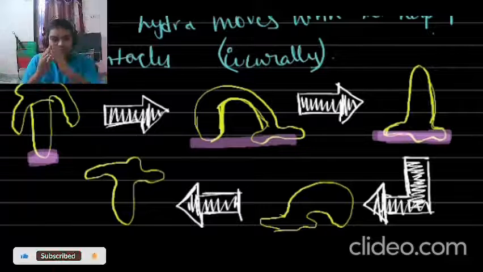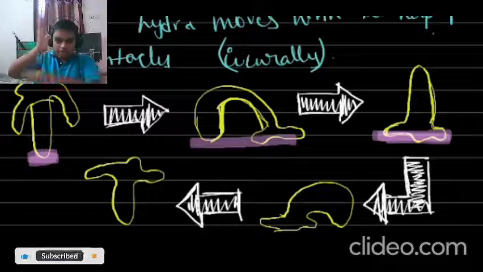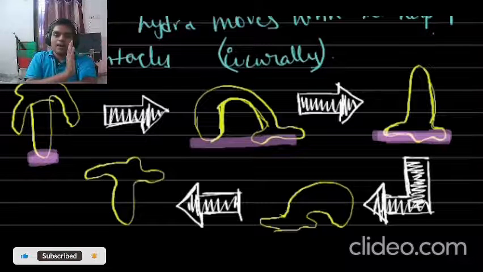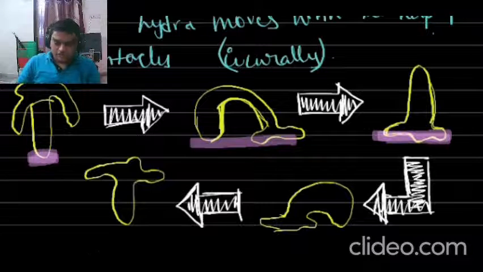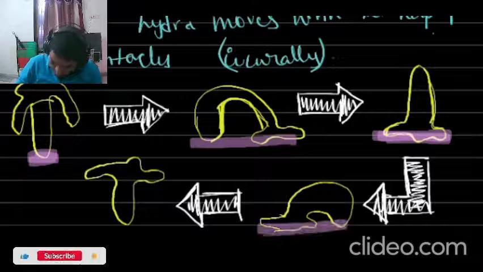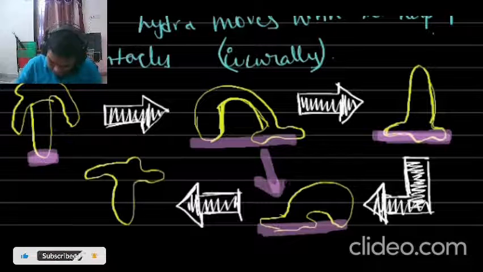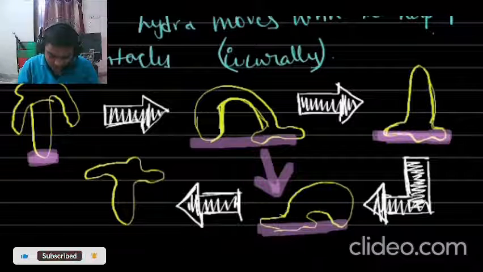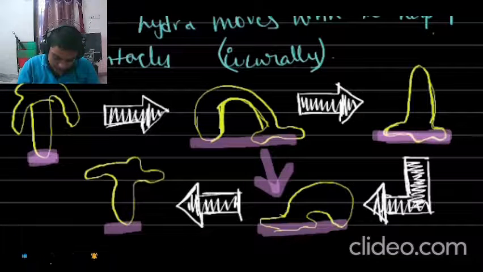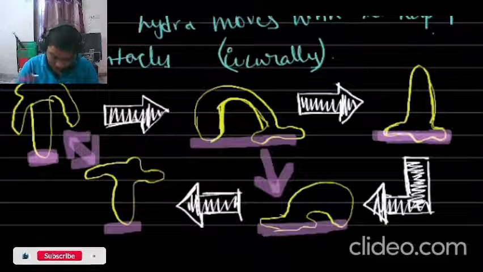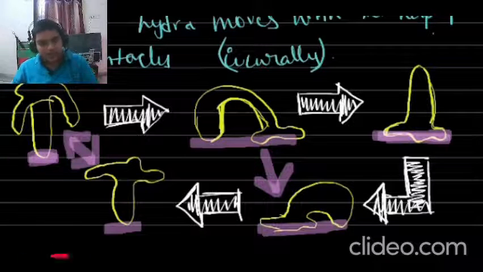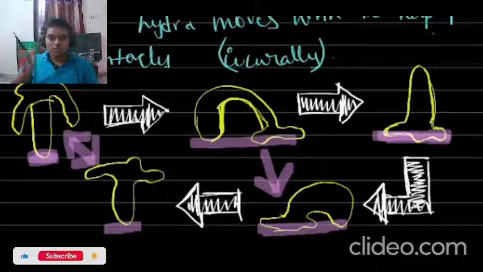Again it bends like this. It again comes upright like this. So see these steps. Now again mouth part, same step is repeated here. Now again it comes back into its original position. This movement in Hydra is called somersault movement.